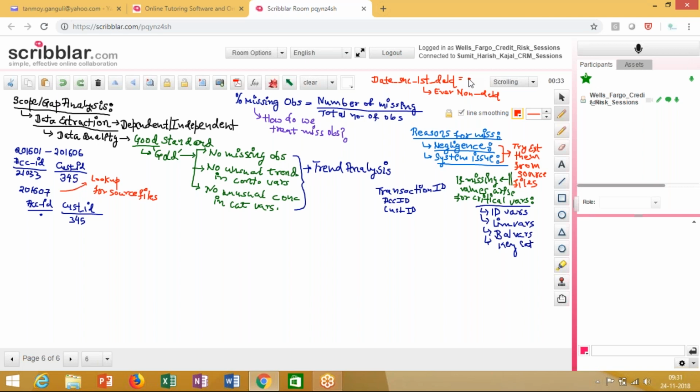The date since last delinquency is applicable only to those accounts, or would have a finite value only for those accounts, where an account has been delinquent at least once in its entire history. And if I am someone who has never ever been delinquent, then the date since last delinquency will be missing.